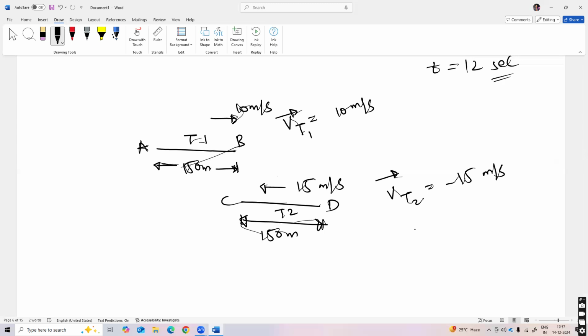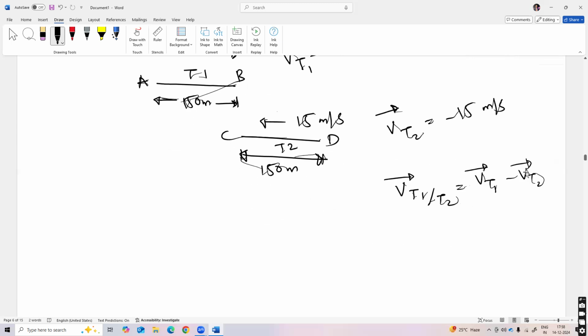The relative velocity of train T1 with respect to T2 is given as v T1 minus v T2, which is 10 minus minus 15. So we get 25 meters per second.